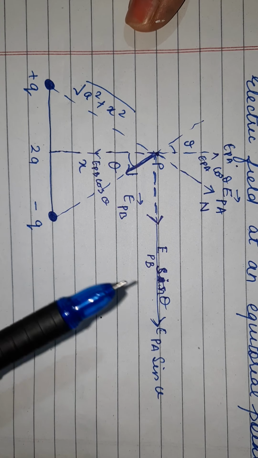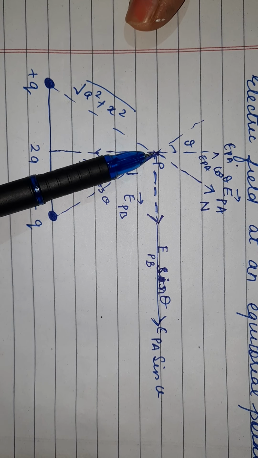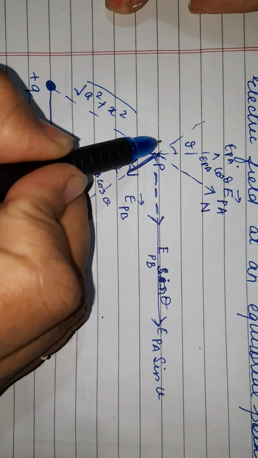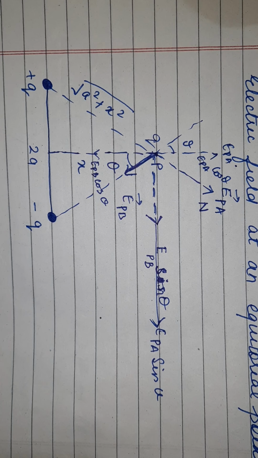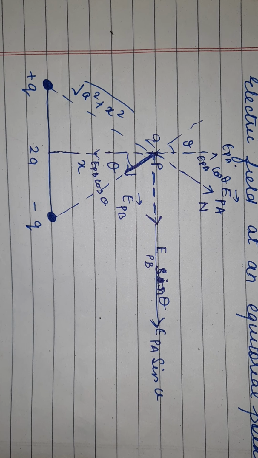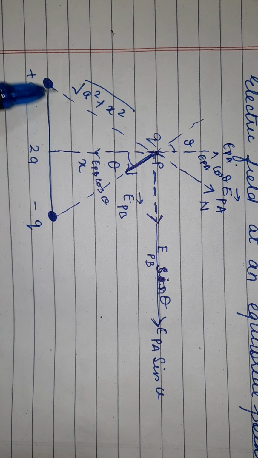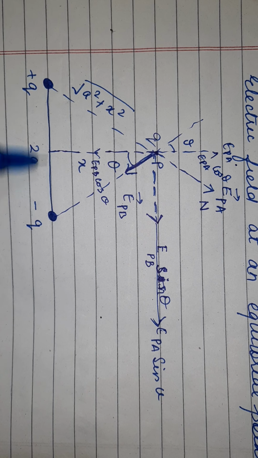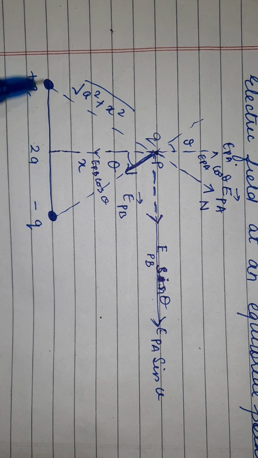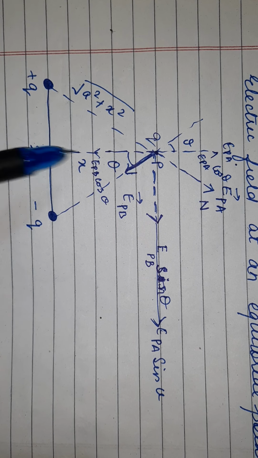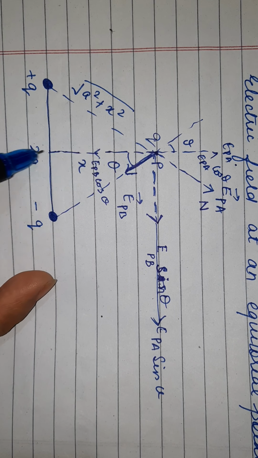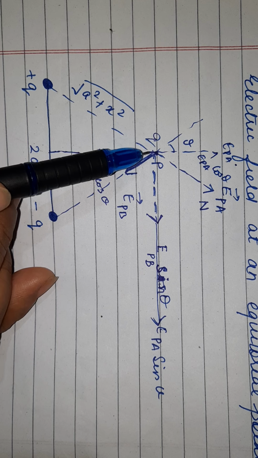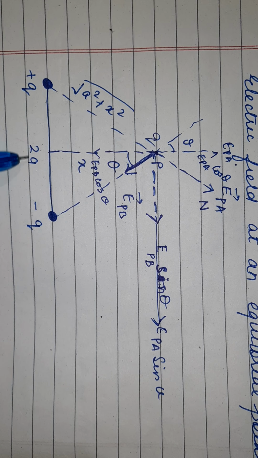At point P there is one test charge q. So this q is located at the equatorial point. What is the equatorial point? This is the distance of dipole 2a, and this is the perpendicular bisector. So a point lying on the perpendicular bisector is the equatorial point for this dipole.